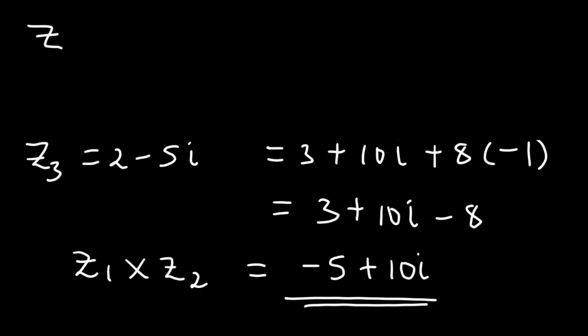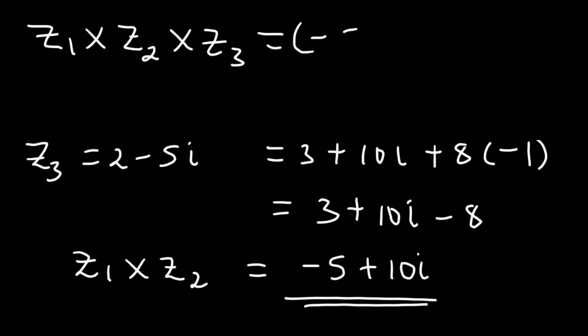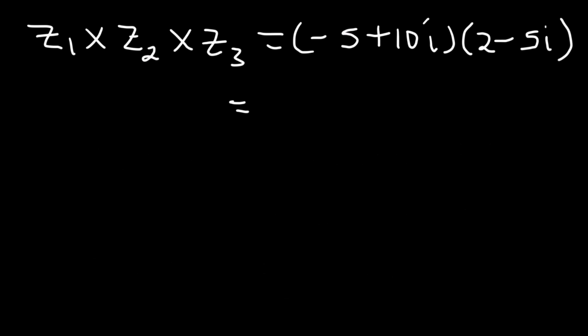Therefore, z1 times z2 and then times z3 will be equal to negative 5 plus 10i, and then we shall multiply this by z3, which is 2 minus 5i. So this will be equal to, we shall get negative 5 and multiply it by the second bracket, and this will give us negative 5 times 2 minus 5i, and then plus.